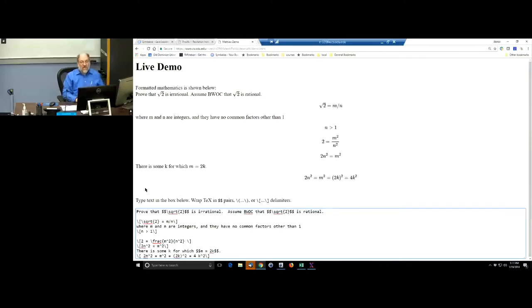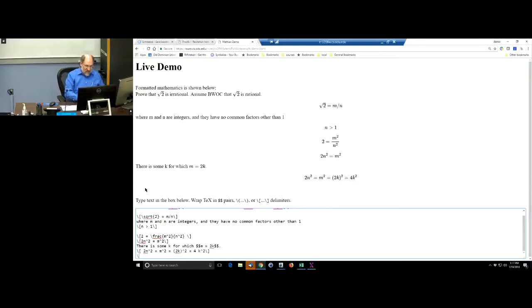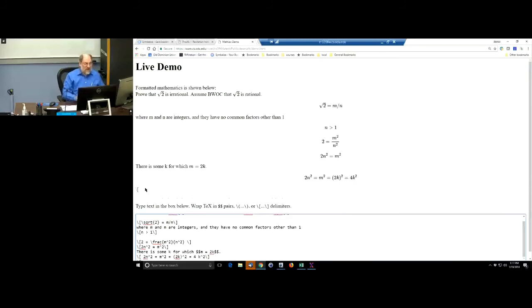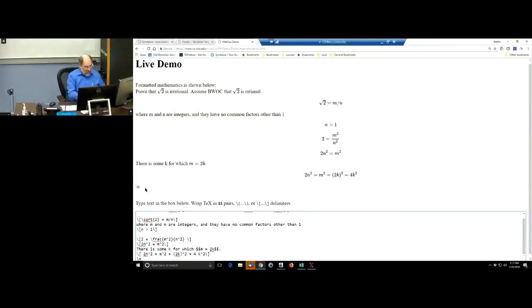So what does that tell me? Well, if I divide the leftmost and the rightmost in that chain by 2, I'm left with n squared equals 2k squared.